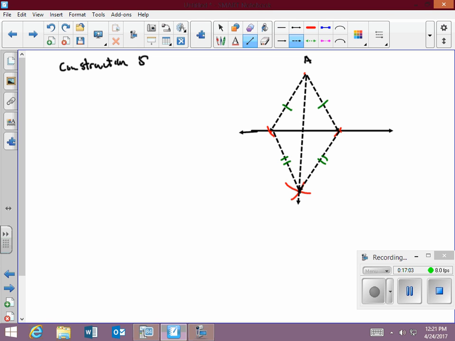Now that construction is what we've just shown is a bisected angle. That's the way we bisected the angle. So what we have essentially is we have this angle equals this angle because of construction 3.